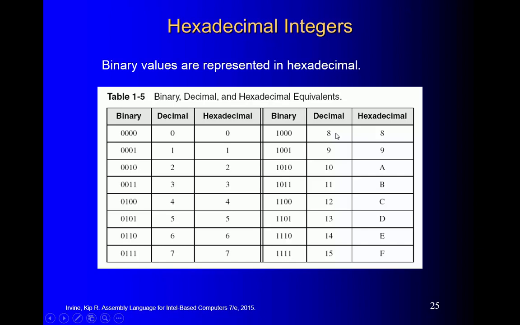Number 8 in binary is 1000. Hexadecimal is 8. For 9, binary is 1001. The hexadecimal is 9. For decimal 10, in binary it should be 1010, because this is 2 plus 8, which is 10.